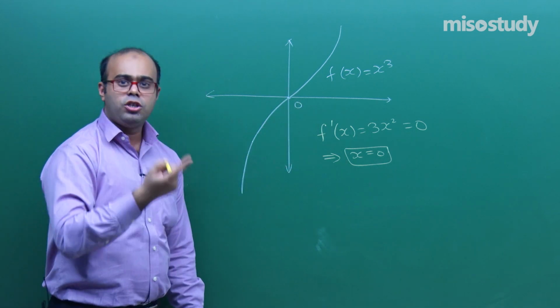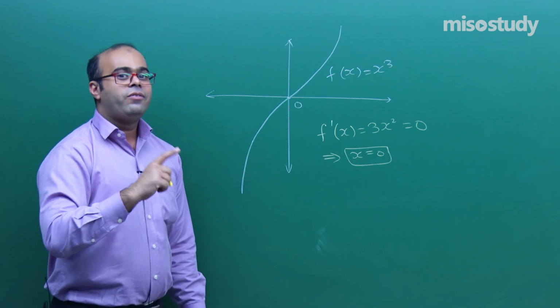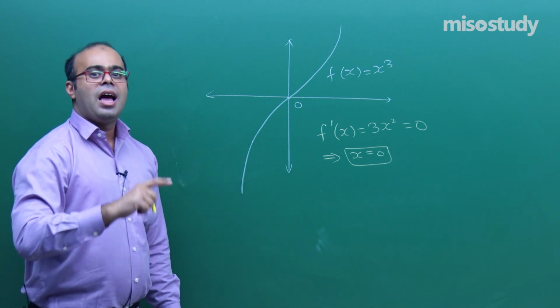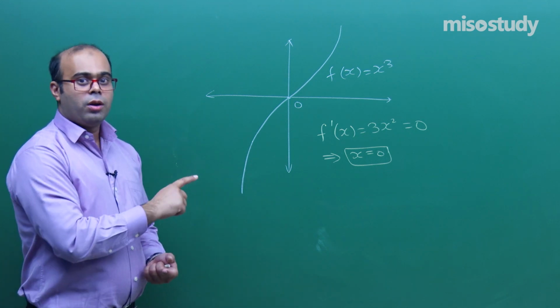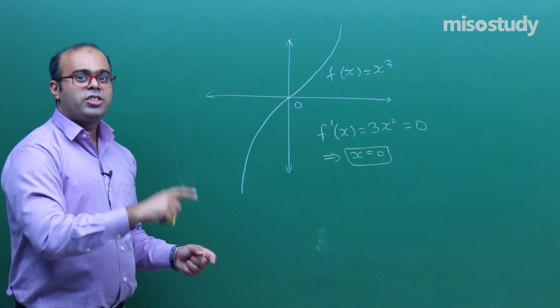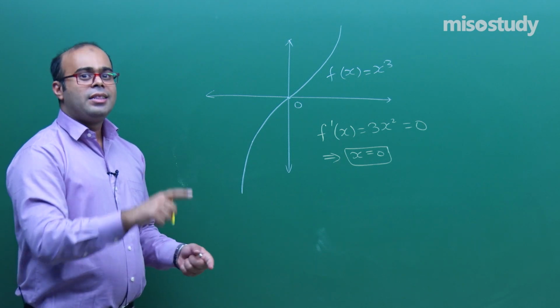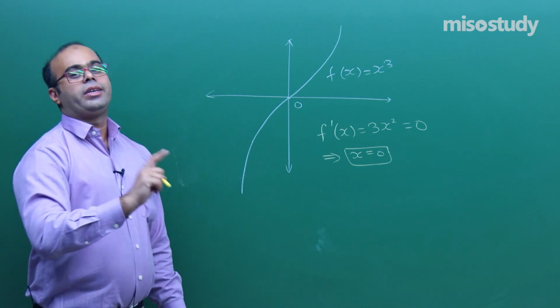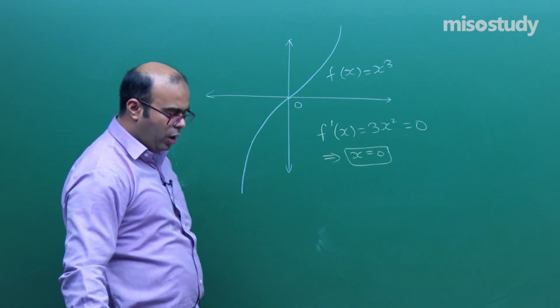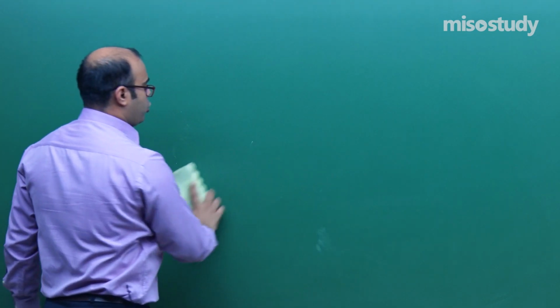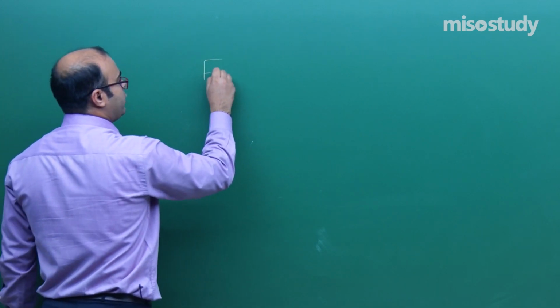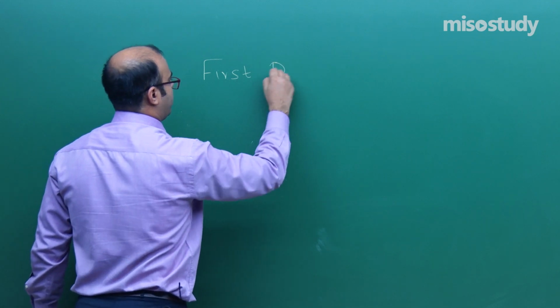That means, if the derivative is 0 or undefined, we can't say that the function has a maxima or minima at that point. But the earlier theorem is correct, that if the function has a maxima or minima at a point, then either the derivative is 0 or it is undefined. You should keep this in mind so that you can understand the difference between the two. Now, the most important thing which we have to study is the first derivative test.